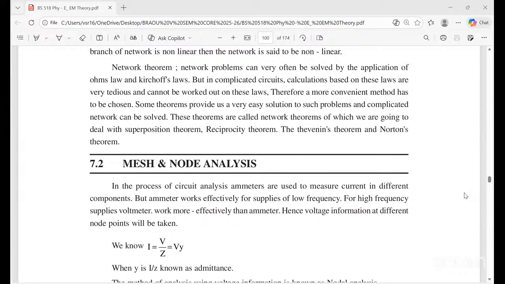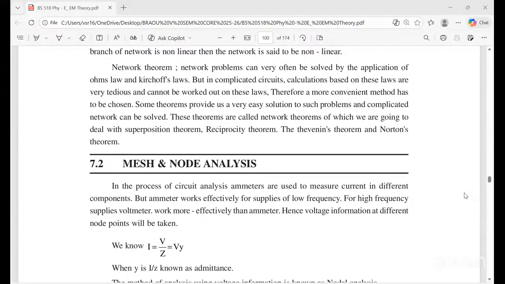Next is the mesh and node analysis. Node analysis. In the process of circuit analysis, some meters are used to measure the current flow in a circuit, but the ammeter works effectively for supplies of low frequencies. Whereas for high frequency supplies, the voltmeter works more effectively than the ammeter.